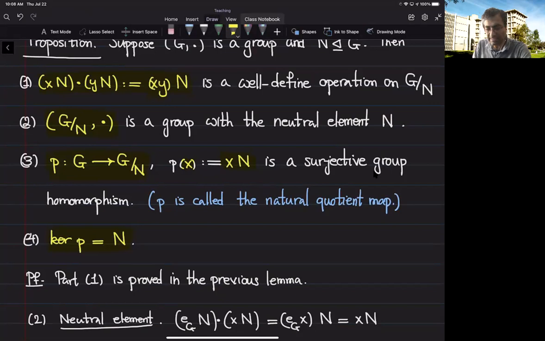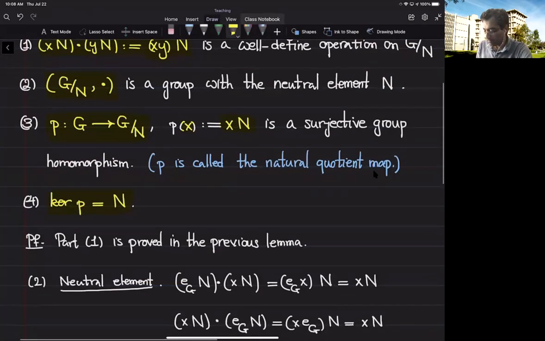So to speak, I can say that we are doing operation within the group and decorate them with N. So all the properties of the group G should pass on to the quotient group of G by N. Okay, but let's make it precise.